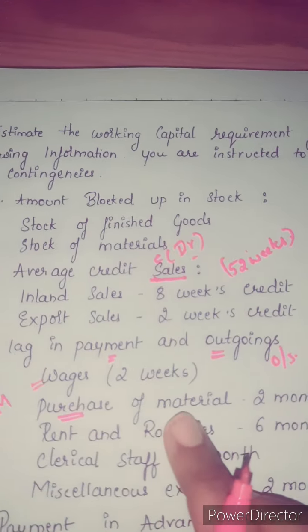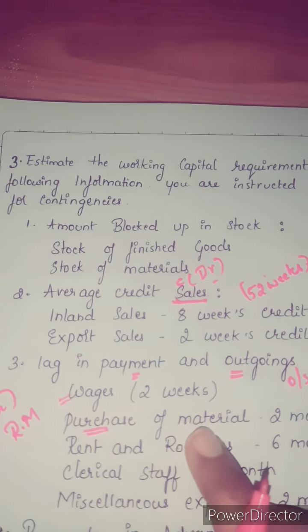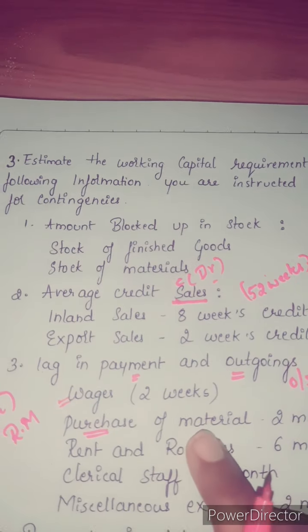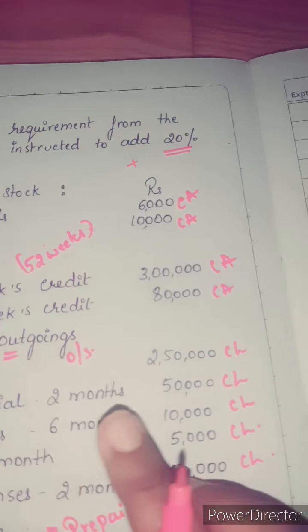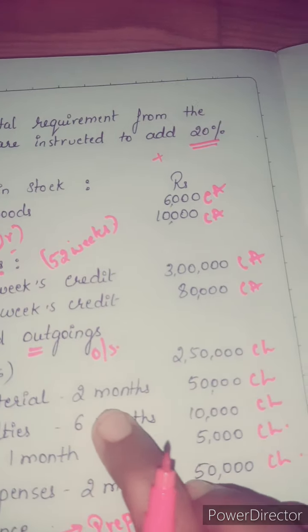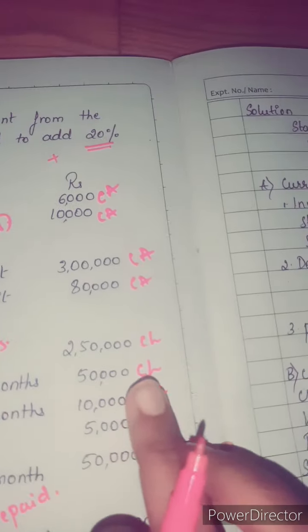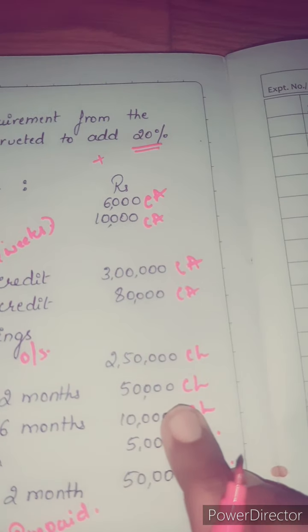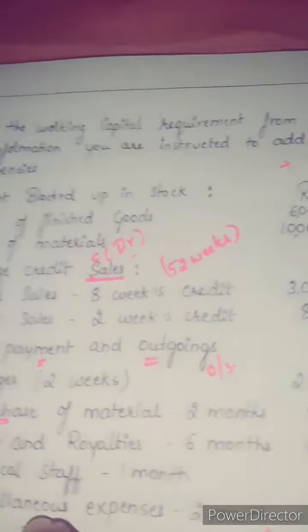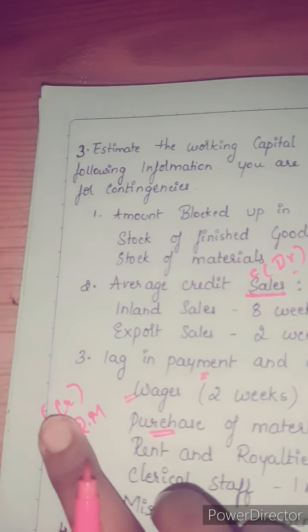The concern has purchased raw material, and it is lagging in payment for 2 months, outstanding rupees 50,000. That leads to credit.